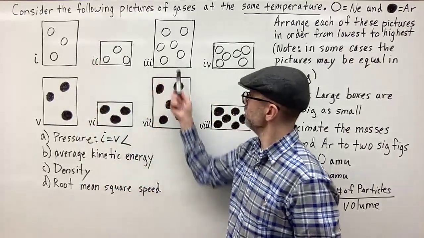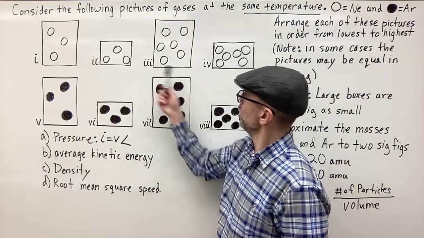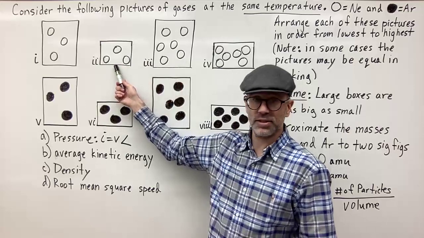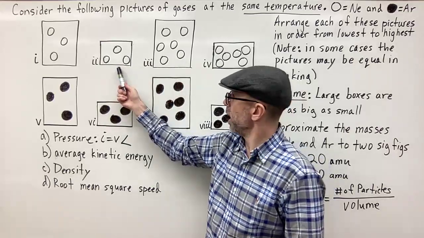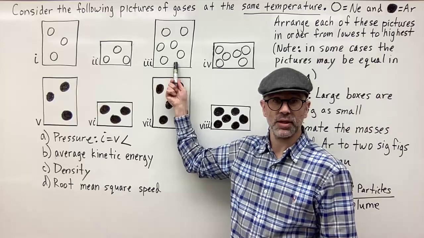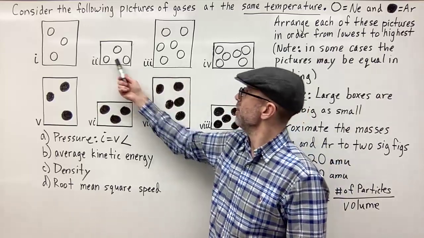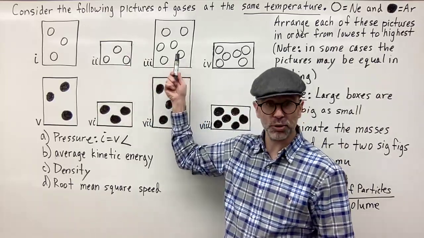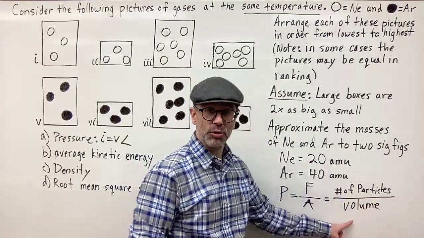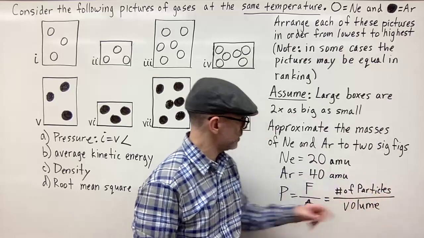Now, what about these 2 here? So if you pay attention to this one and this one, notice that the box here has doubled in size. But notice also that the number of particles has doubled. So if we look here, volume has been doubled and the number of particles has been doubled, right?